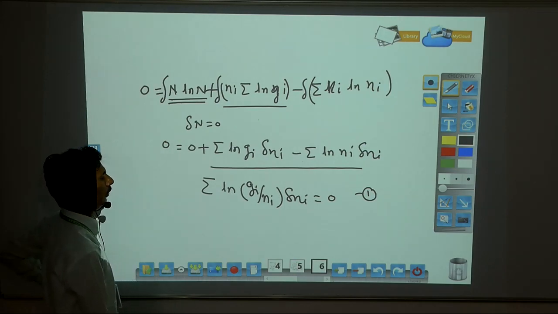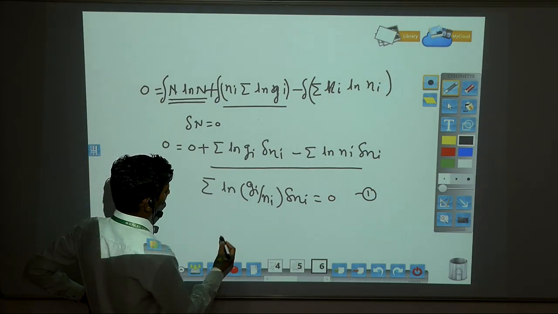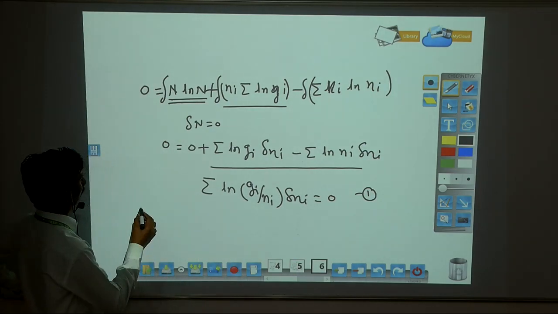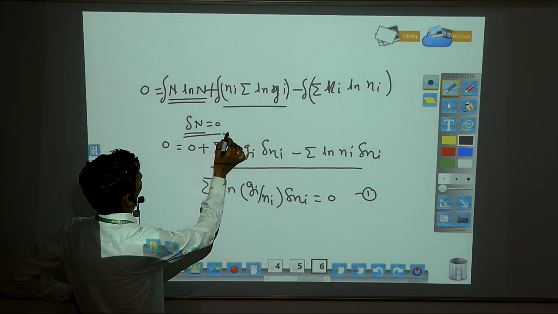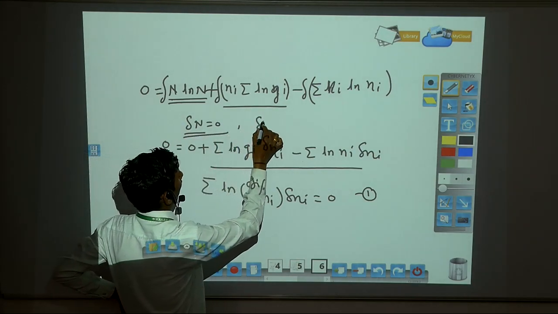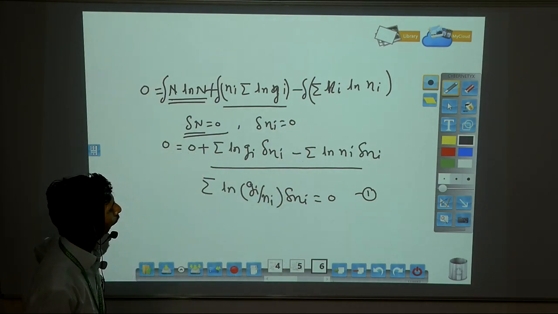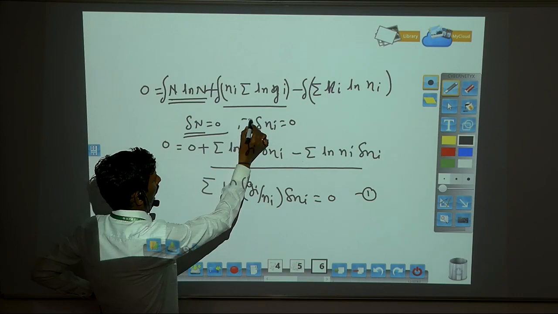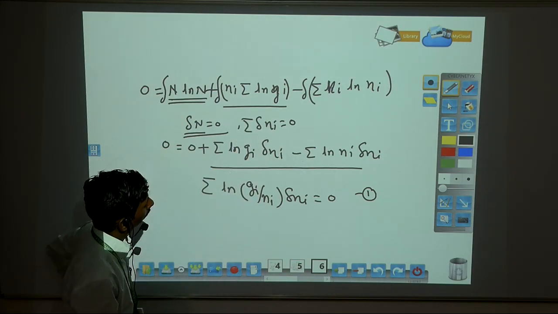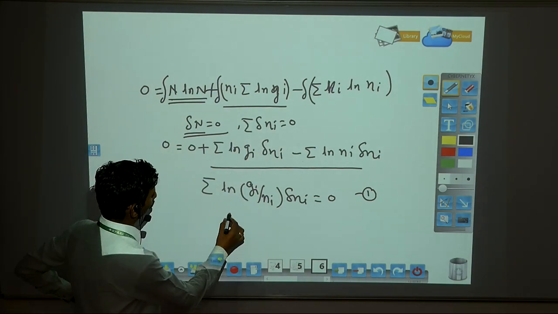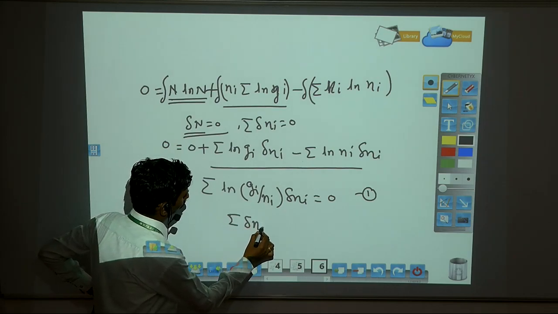Now to simplify this equation, we use another condition. Why is delta N 0? Similarly, we can say that the summation of delta ni is also 0.